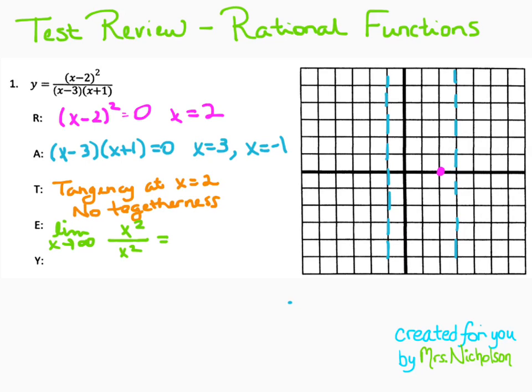And so in that case, they're going to basically cancel out, and I'm going to be left with 1. And so y equals 1 is my horizontal asymptote, the limit for my end behavior.